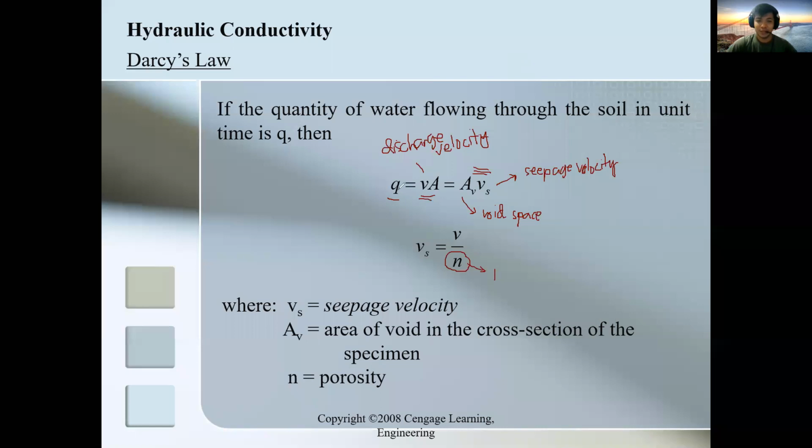Again, your discharge or the flow rate is equal to V times A, velocity times the area. Or you can also use the void space area times the seepage velocity. It could be either of the two formulas, but usually what we're going to use is the first one, the discharge velocity times the total area.